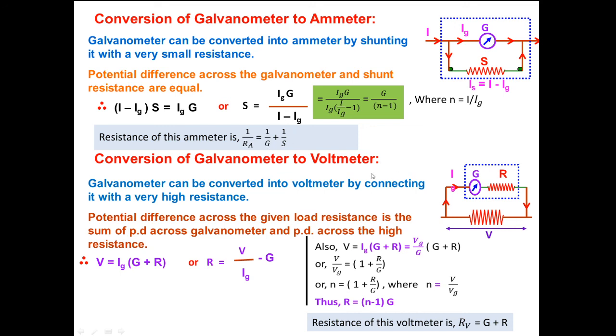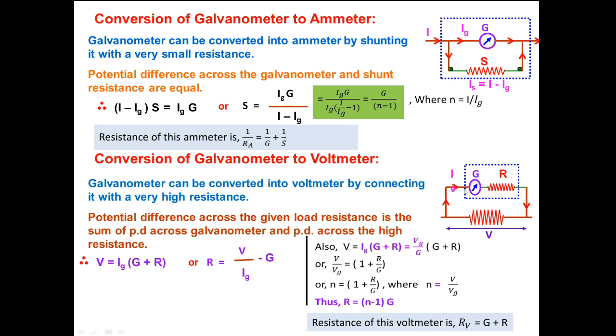And now how can a galvanometer be converted into voltmeter? A voltmeter has very high resistance, so galvanometer can be converted into voltmeter by connecting it in series with a very high resistance.